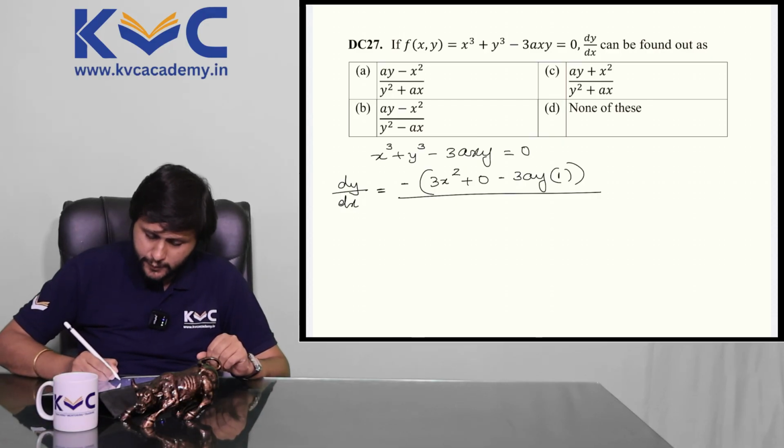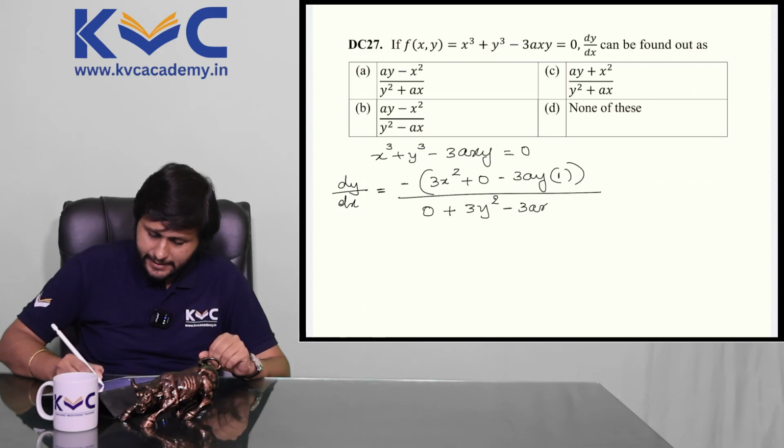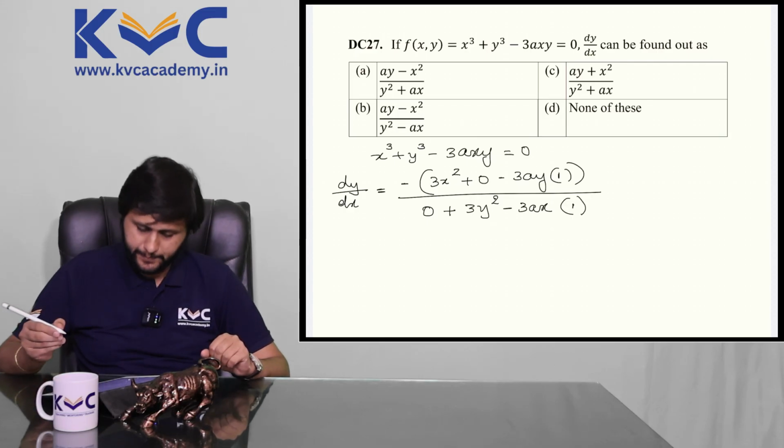Okay, so differentiation of x cube is 0 plus y cube is 3y square minus 3ax is constant, differentiation of y is equal to 1.